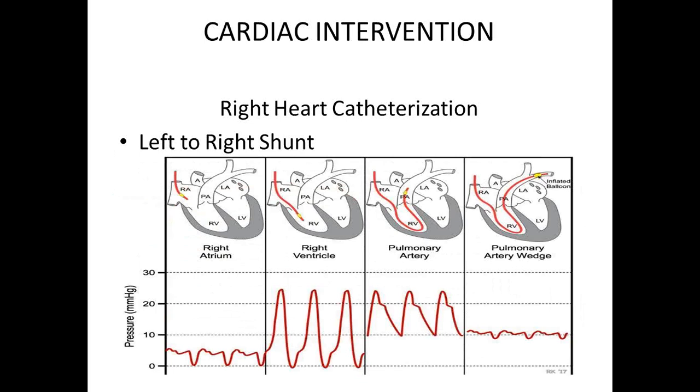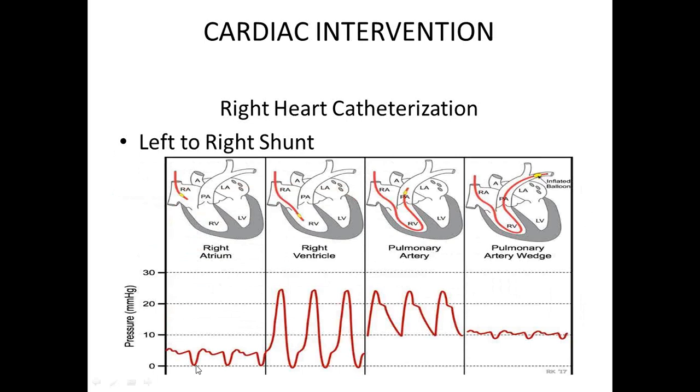Because if you have, say for instance, a significant left to right shunt, over time you're going to get increased pulmonary blood flow, and that's going to increase not only the pulmonary pressures, but it will increase the pulmonary vascular resistance.